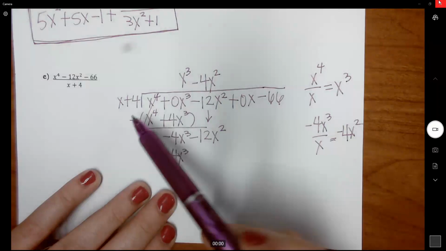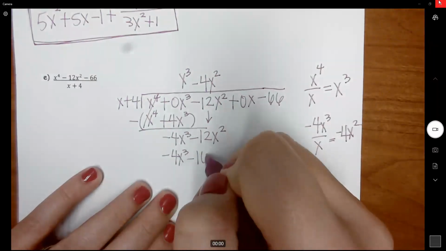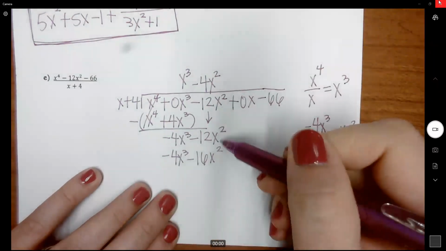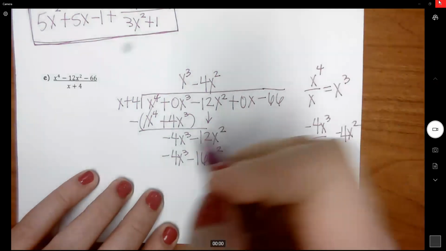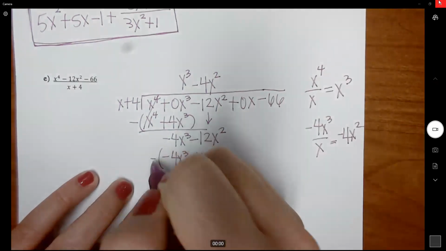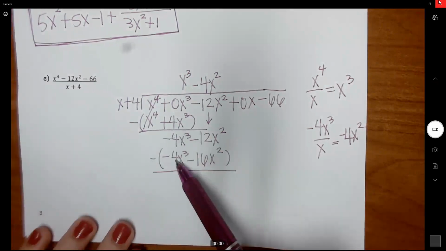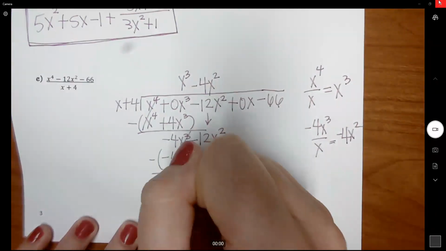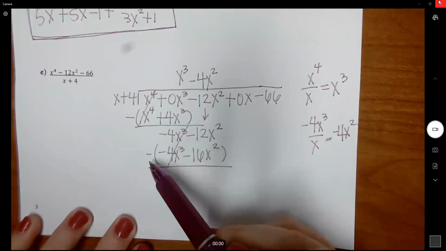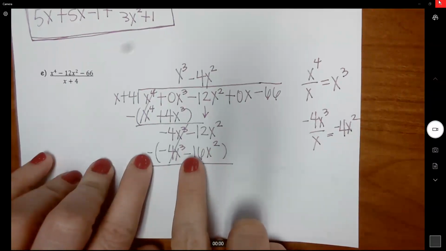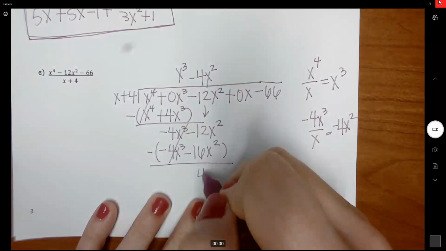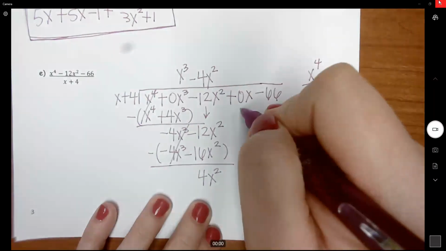Negative 4x squared times 4 is a negative 16x squared, which is below the x squareds. Subtract it all. Negative 4 plus 4 cancel. Negative 12 plus 16 makes us a positive 4x squared.